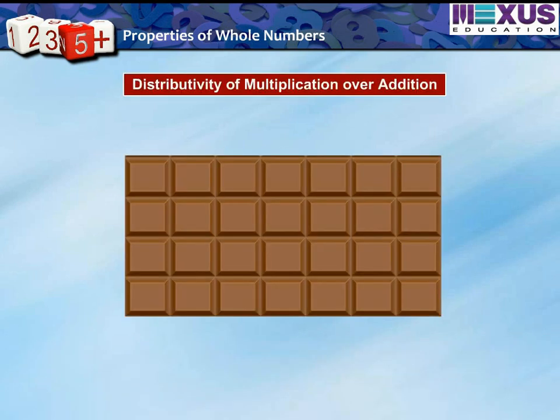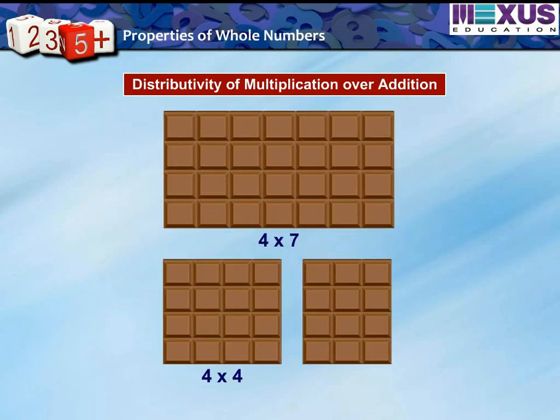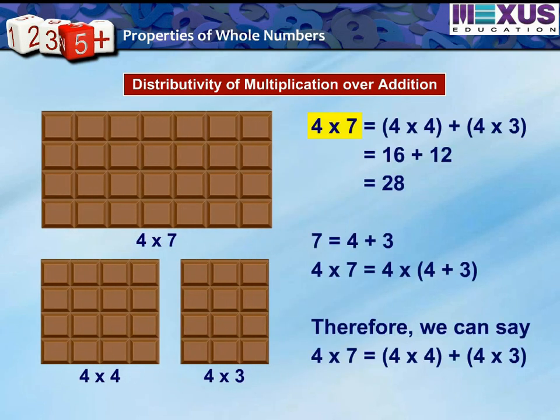Take a chocolate bar of 4 into 7 pieces. Now cut it into 2 pieces, 4 into 4 and 4 into 3. Here we see that 4 into 7 equals 4 into 4 plus 4 into 3, that is 16 plus 12 equals 28.